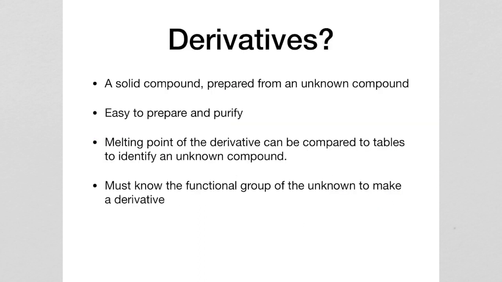One other thing that you're going to do in this experiment is you're going to make something called derivatives. And your derivatives are going to be used to verify identity. The point behind a derivative is you're going to have some unknown compound. It might be a solid, it might be a liquid.